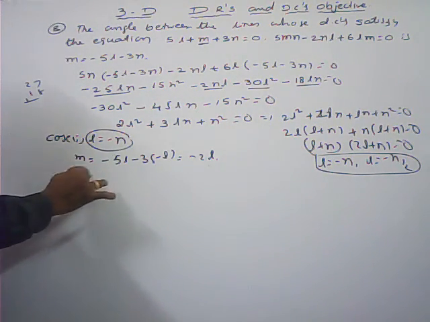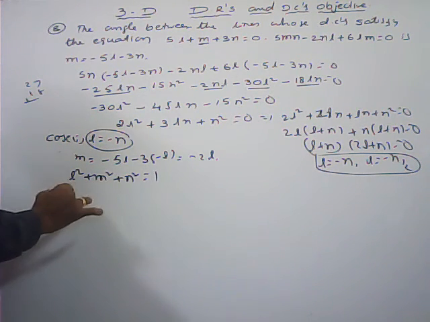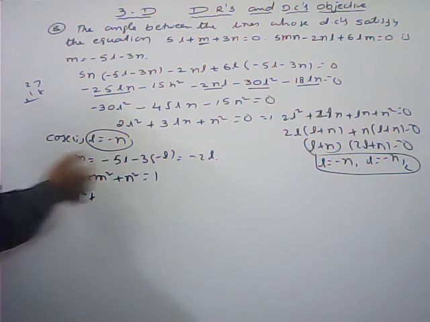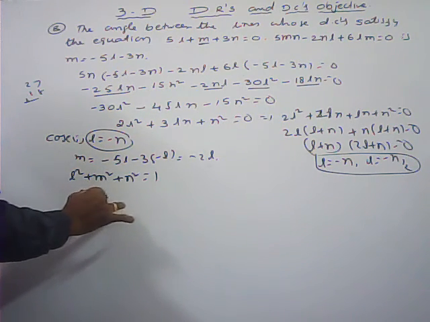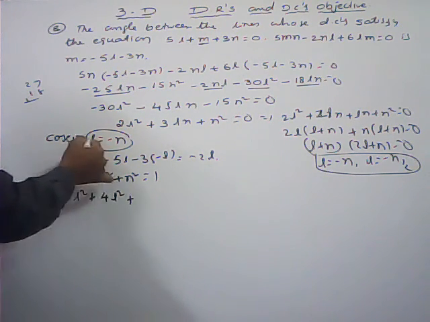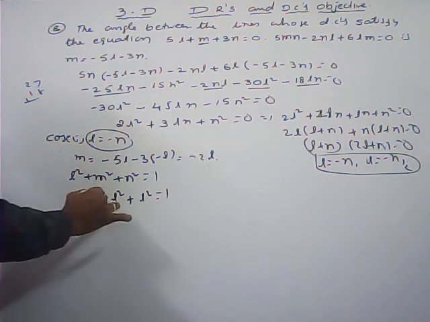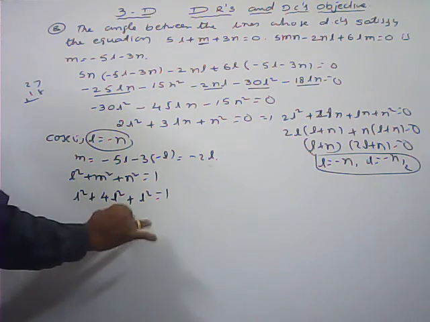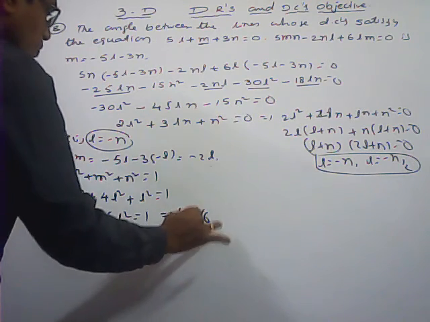Now l square plus m square plus n square, that is equal to 1. l square, m is equal to minus 2l, m square, that is 4l square. n is equal to minus l, whole square, you get l square, that is equal to 1. 6l square, that is equal to 1. That implies l is equal to 1 by root 6.